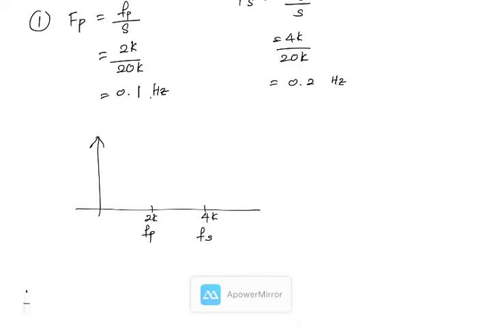So this means that the passband is at 2k, and the stopband is at 4k. This means that it's like this. So this is referred to as the low pass filter. You allow the low frequency to pass, so it's a low pass filter.